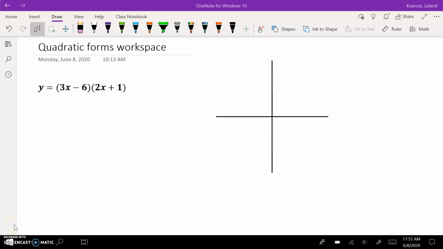Distributing with these more complex factored form quadratic functions is a little more complicated, but it's not too bad. So when we do these, you're still using that FOIL approach. First, 3x times, and this example isn't one of the problems in there, 3x times 2x gives us 6x squared. 3x times 1 gives us just 3x.